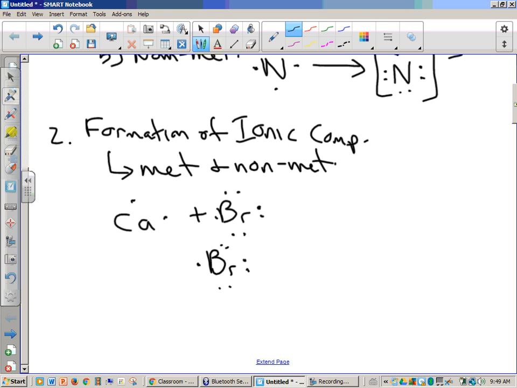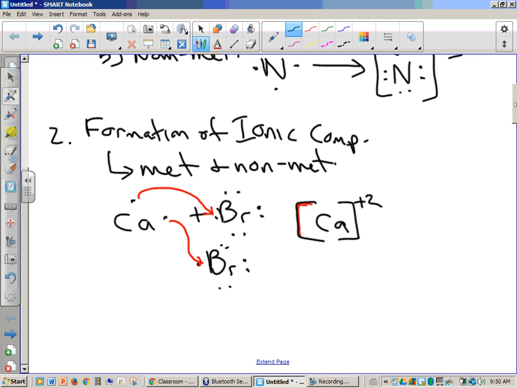That's going to result in a transfer of electrons. That's going to give us, oops, I didn't want red. Oh, let's go to black. That's going to give us, that's not black. What is happening here? That's going to give us a calcium, which has lost 2, plus 2, just like up above.